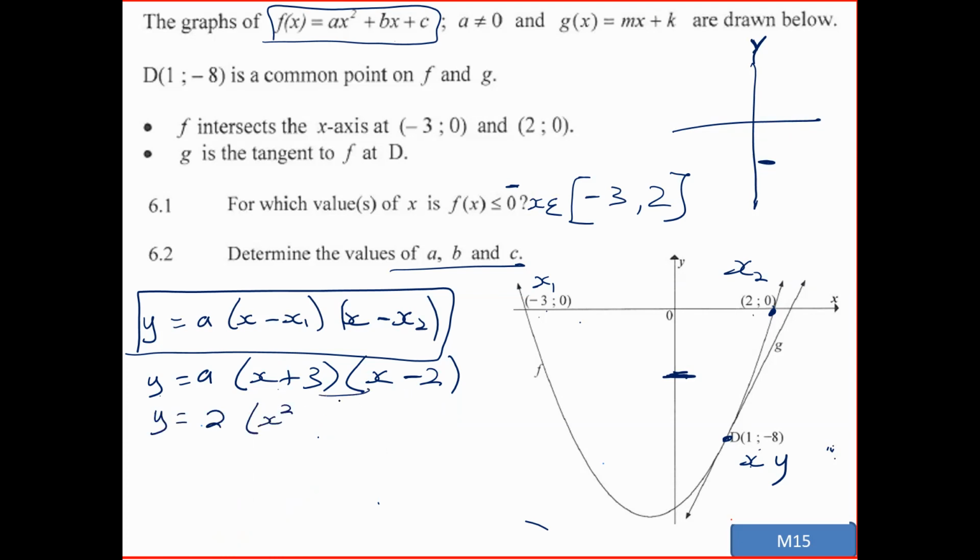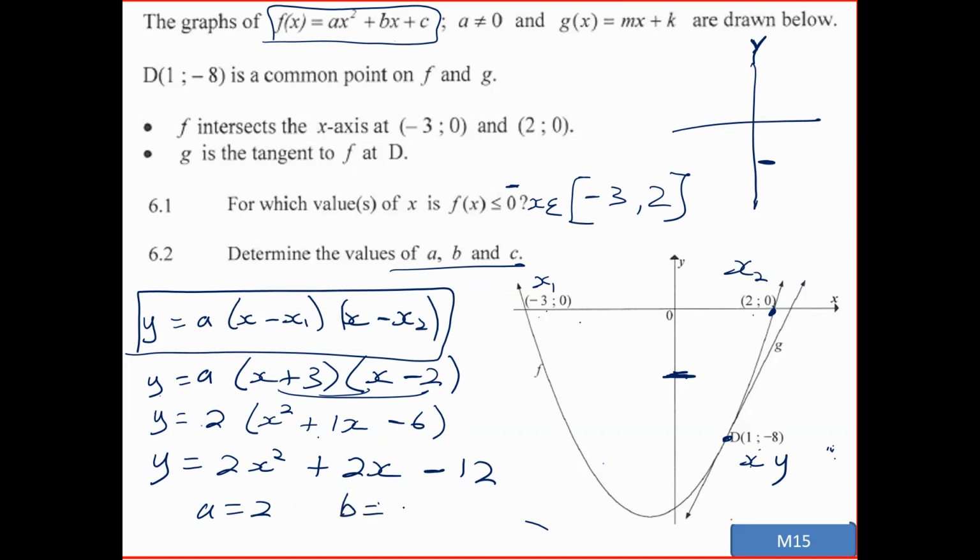We can do FOIL: x squared plus 3x and minus 2x will give me plus 1x minus 6. And then we end up with y is equal to 2x squared plus 2x minus 12. And that gives me my a to be 2, because a is the number in front of x squared, b will be 2, and your c value is minus 12. Any questions?